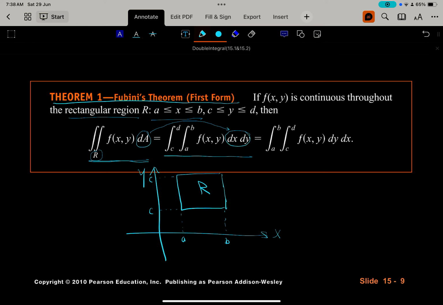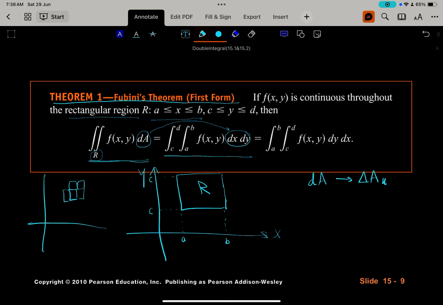It makes sense since dA is originally delta A_k, as we discussed. This is delta A_k, a rectangle beside other rectangles.